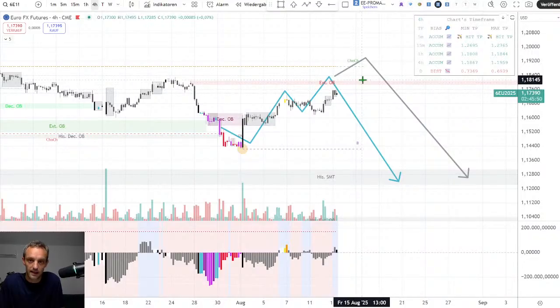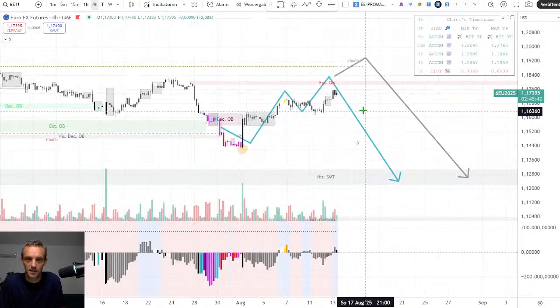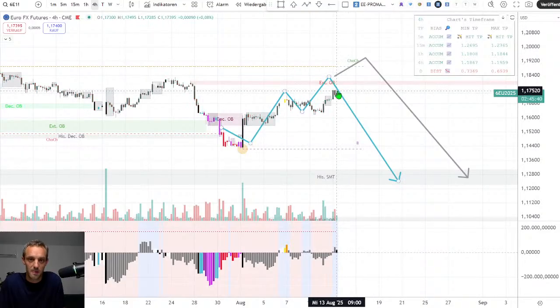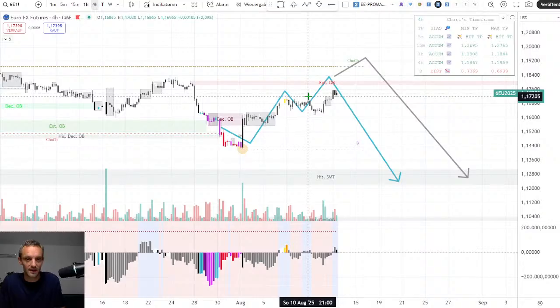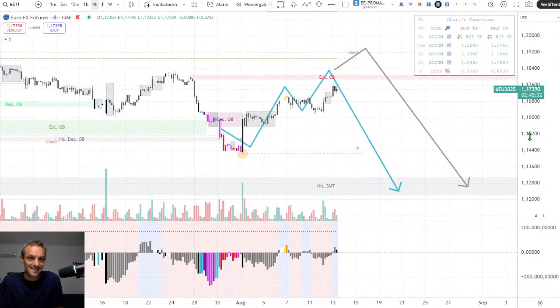So here, when the market comes to this extreme order block, I'm looking for short entries on the higher time frames, and this is also something important for order blocks. To be honest, I'm not the expert in order block trading, okay?